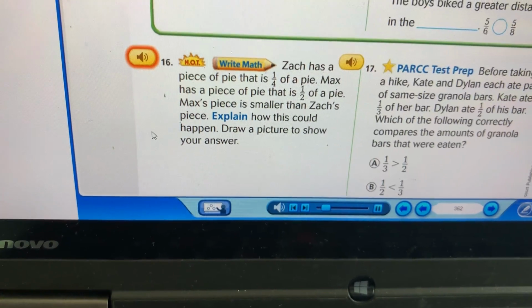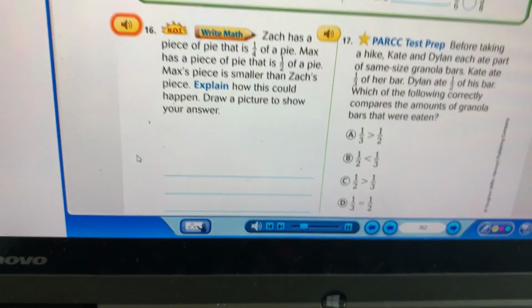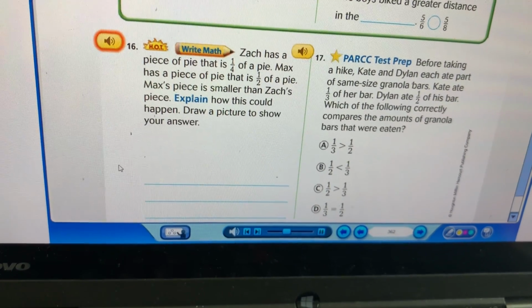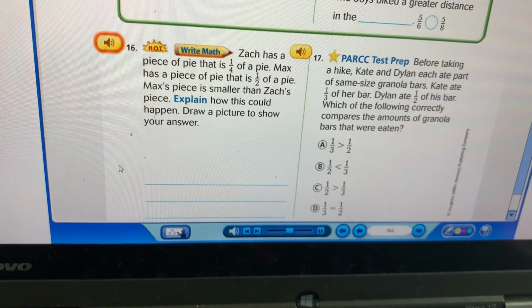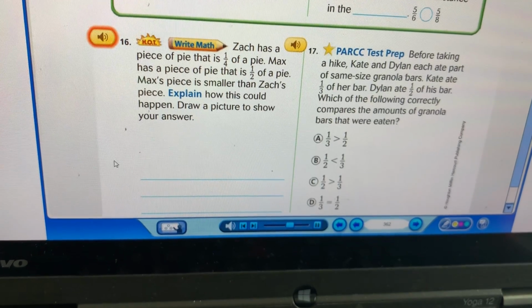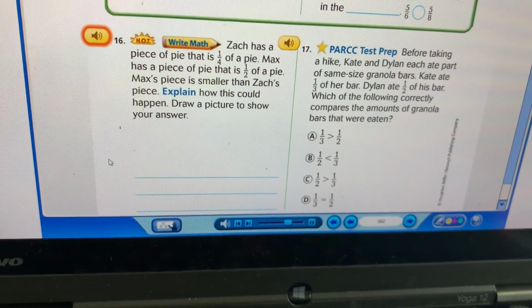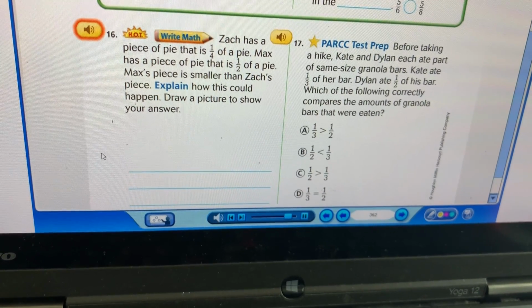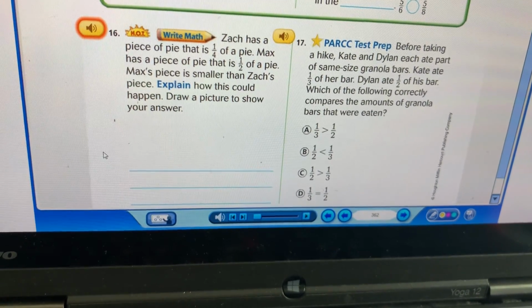16. Write math. Zach has a piece of pie that is 1/4 of a pie. Max has a piece of pie that is 1/2 of a pie. Max's piece is smaller than Zach's piece. Explain how this could happen. Draw a picture to show your answer.